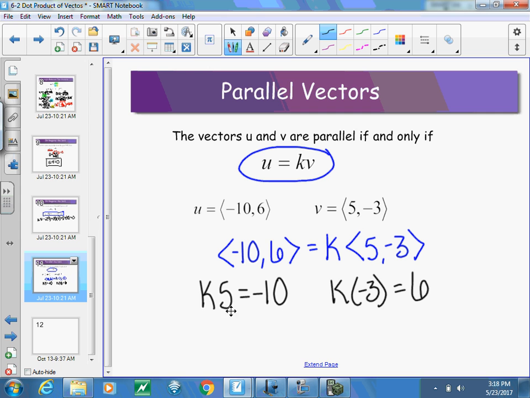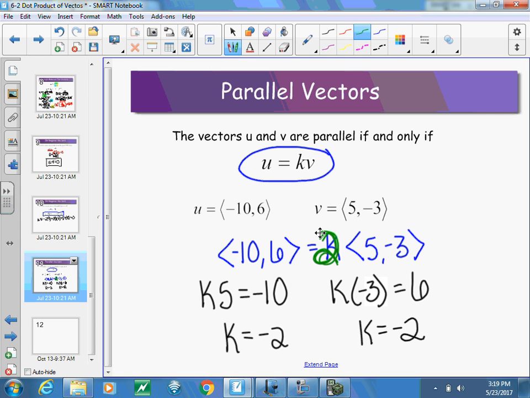If I divide by 5, k would have to equal negative 2, and here k also has to equal negative 2. The fact that I could take a scalar k that works for both tells me that these two vectors are parallel to each other. They're running in the same direction.